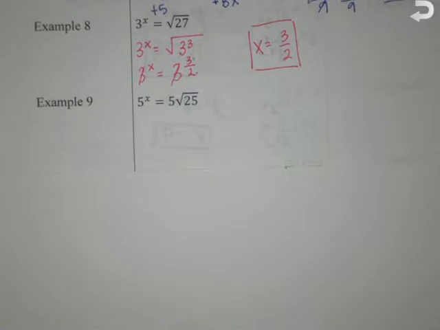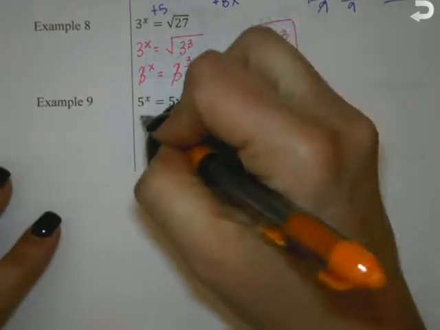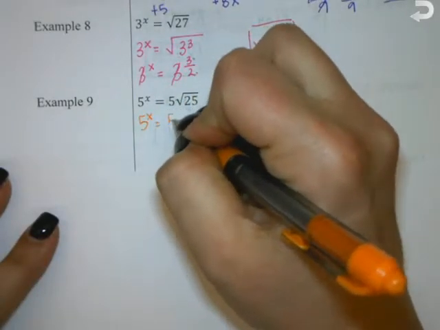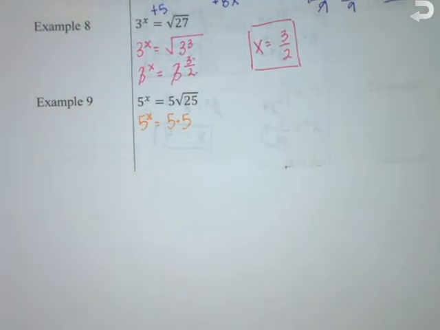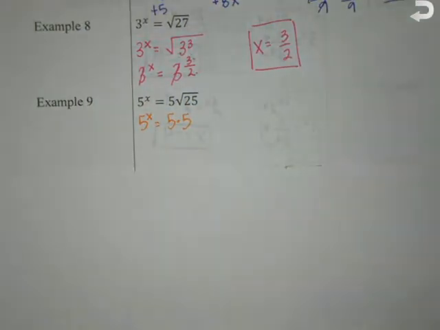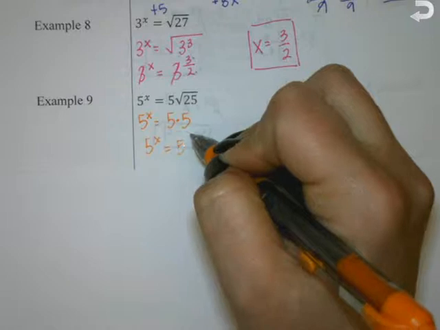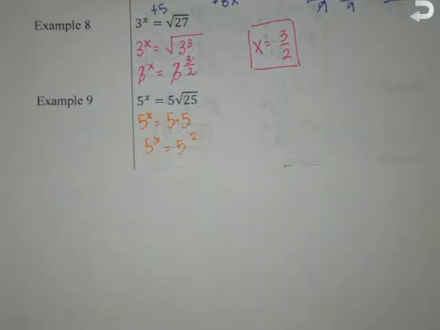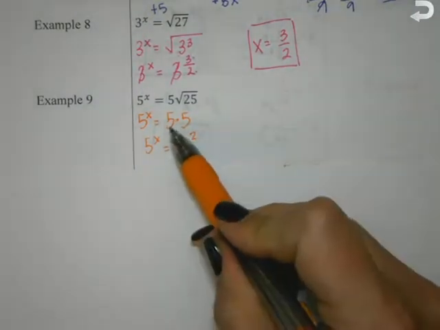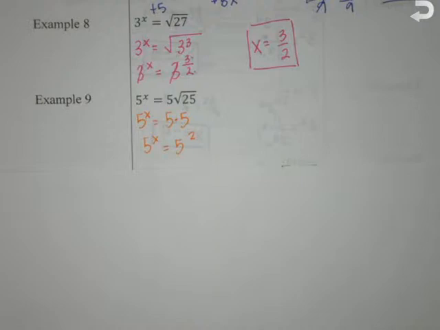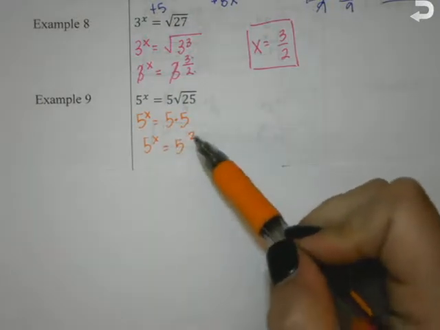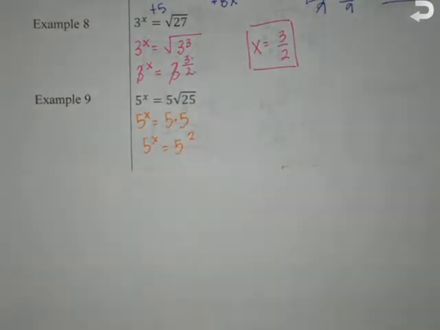So let's rewrite this as 5 to the x equals 5 times 5. So that gives me 5 to the x equals 5 to the what? 2nd. I have a lot of students that always forget this and they leave it as just 5 to the 1st. Remember that 5 is still there. So 5 times 5 gives me 5 to the 2nd power. Drop the bases and x equals 2.